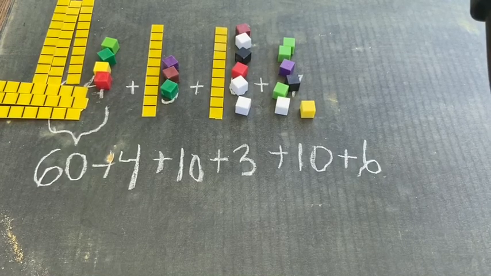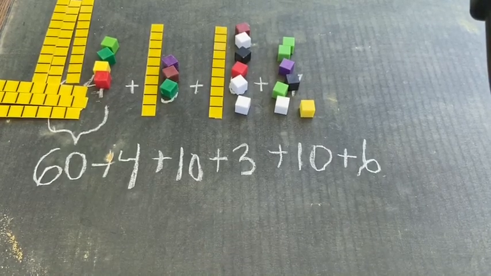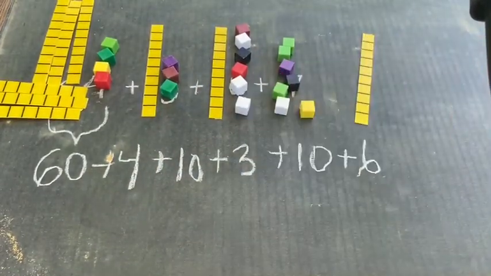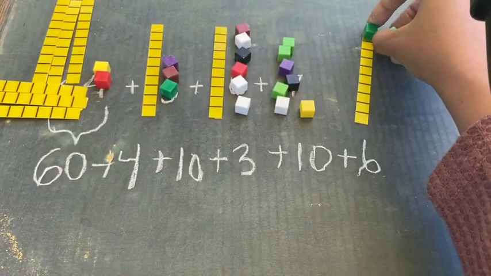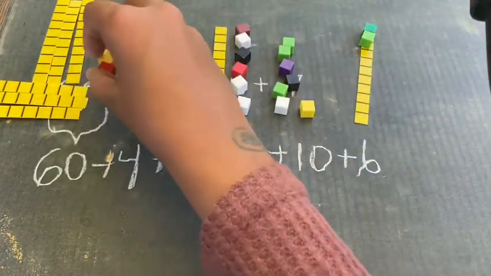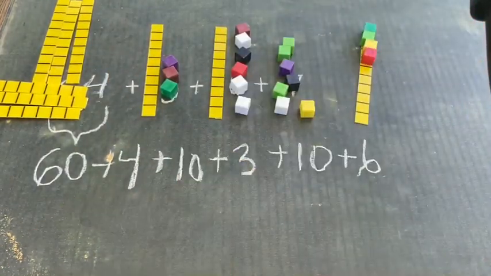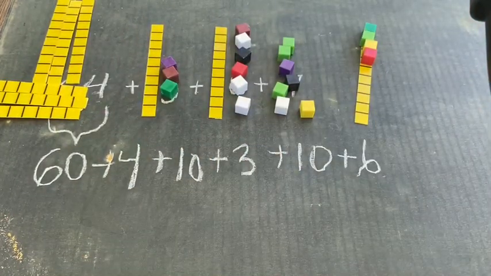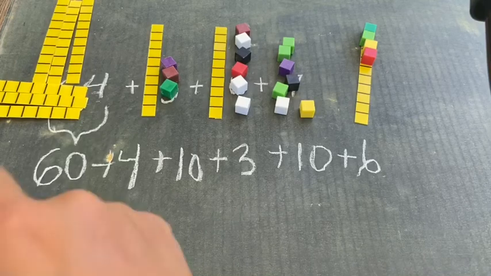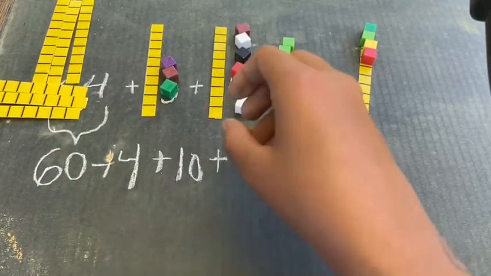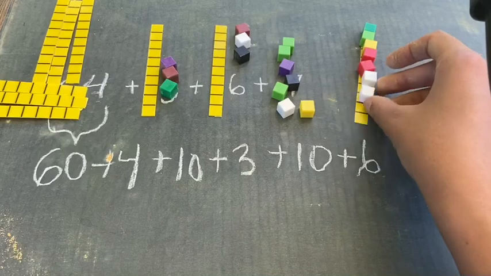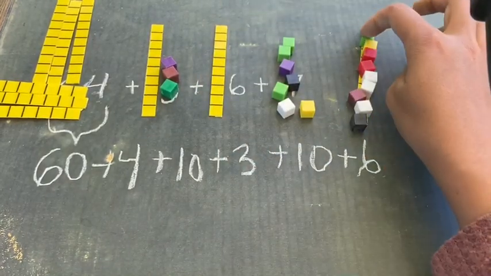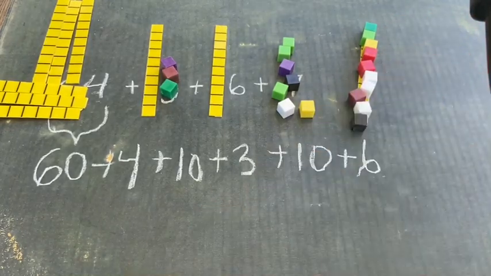All right, so we're building tens. Let's try to build a 10 over here with all of these ones. Let's take these first 4 from 64. Now you have a couple choices. You can keep pulling, or you can remember that 4 and 6 are number buddies, and you can fill up this. 1, 2, 3, 4, 5, 6, 7, 8, 9, 10.